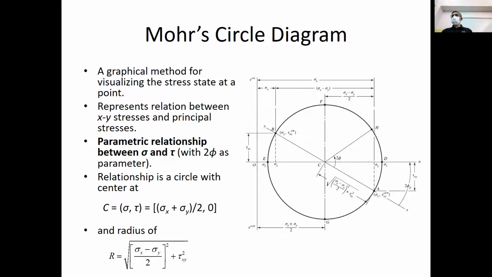So again, this is a graphical method to visualize the state of stress at a point. So the circle represents the state of stress for any given direction. If I can identify a point on the circle that represents the X, Y plane by showing here a sigma X and a tau XY.